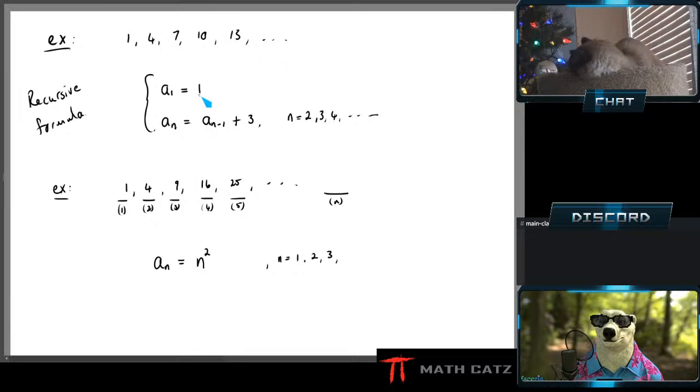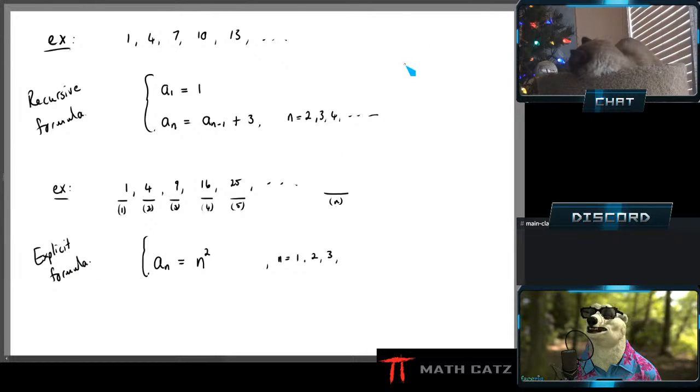The first one used previous terms themselves, did something to them to find new terms. The second one doesn't do that. Second one doesn't use any other terms in the sequence. It simply uses the position that you're interested in and does a calculation on that. Different way of explaining the sequence. We'll call this an explicit formula.